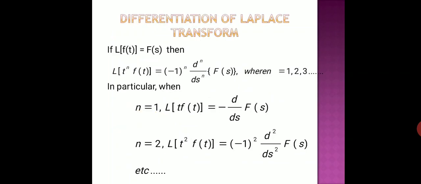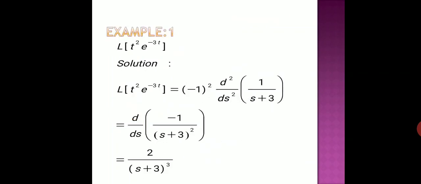With t squared into cos t or sin t, we compulsorily use that formula. For t squared into e power minus 3t, the exponential form is also there, so we can use the first shifting property. If we directly use the first shifting property, we get the answer. Otherwise we use the differentiation formula.